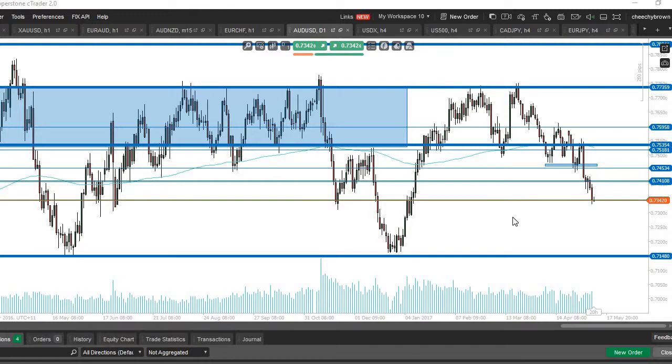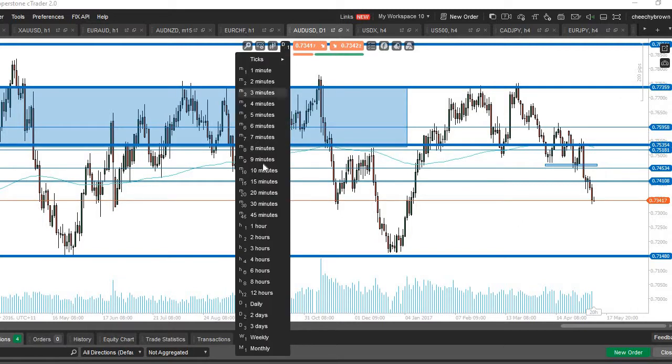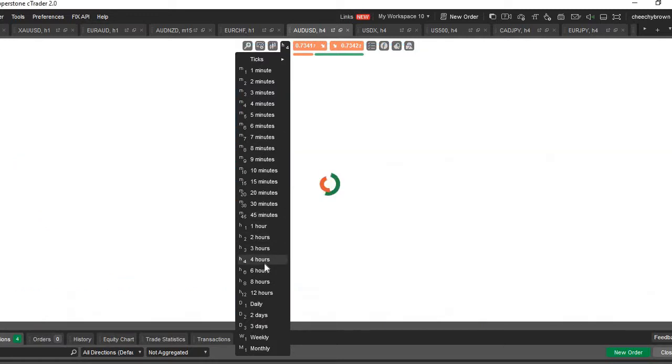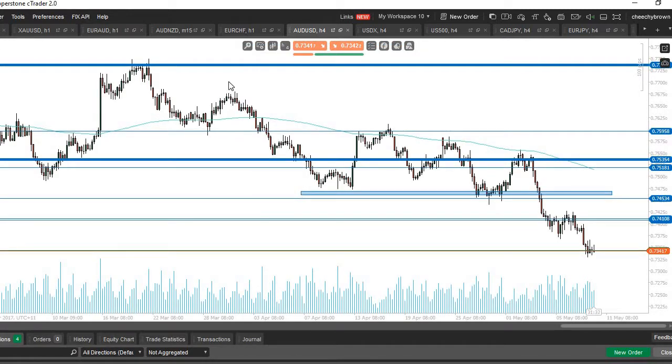Now, where the technicals come into play is, where do I enter the market? Okay, so if we zoom down to a 4-hour chart, we'll see some of this lovely price action here. This is zigzagging, and you might ask yourself, well, how do I know that this is in a downtrend?